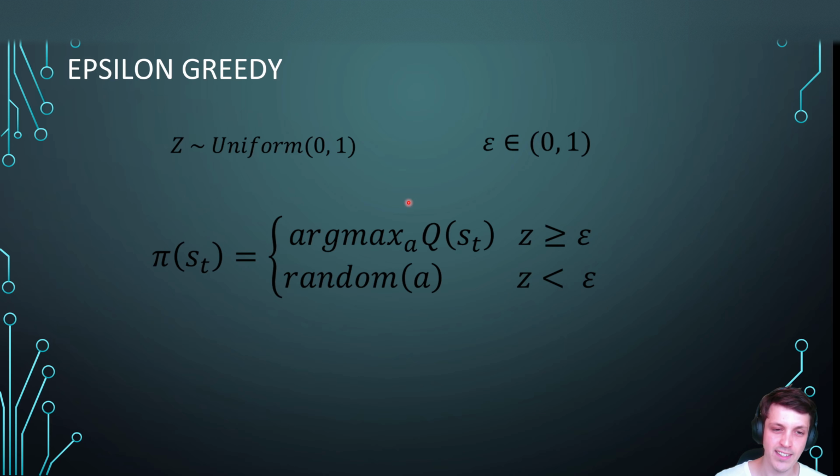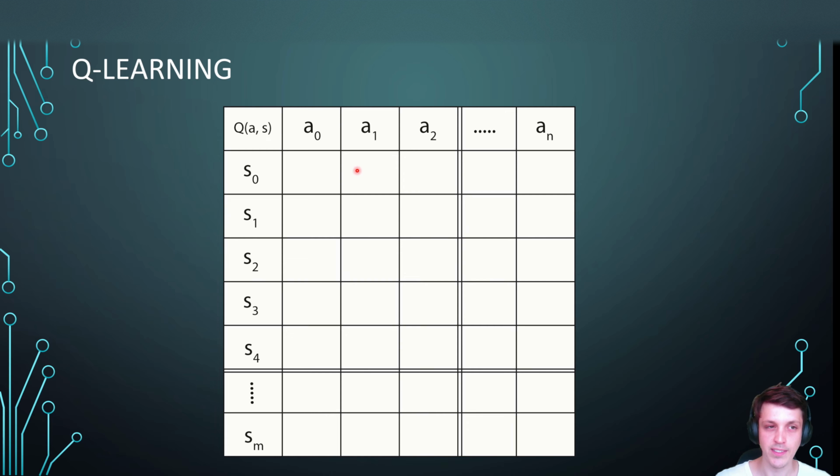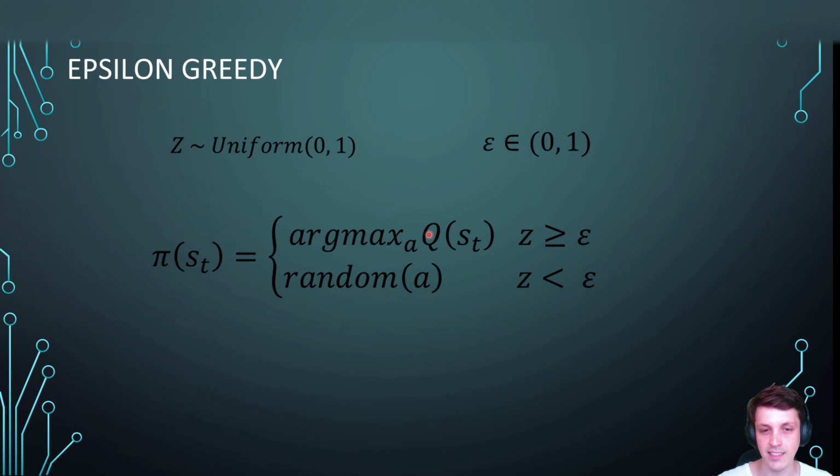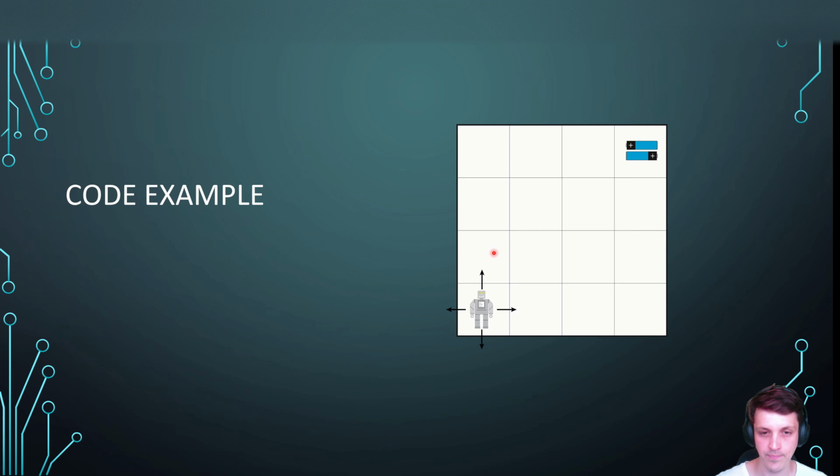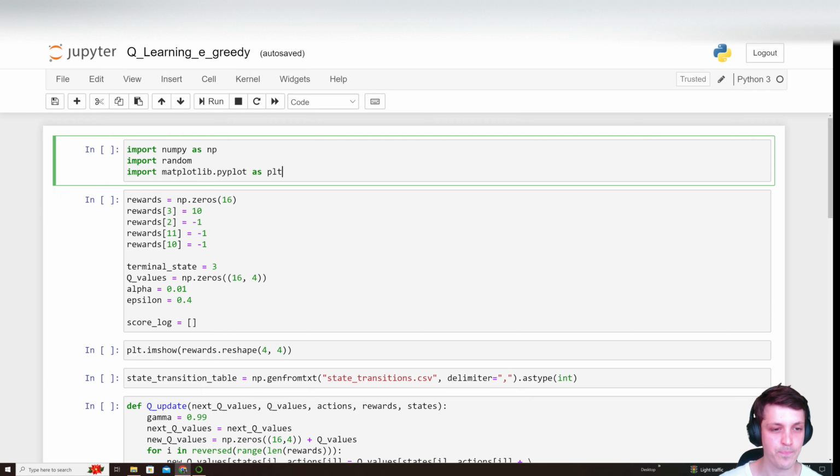The only difference here is that we're not using the state transition table to decide what action to take. All we're going to do is get our Q value table, look at what state we're in, and take the action that has the highest Q value. Okay, so let's have a look at a code example of that.